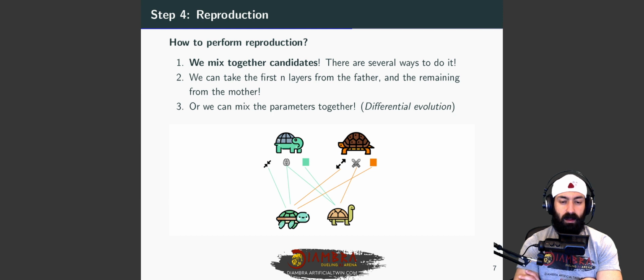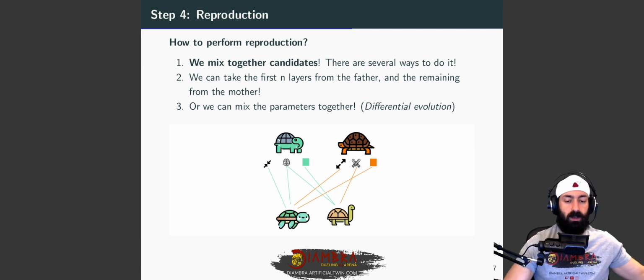I believe you're talking about weights, right? So you use weights from one network and mix with weights of the other, right? We are talking about weights. Okay, weights, perfect.